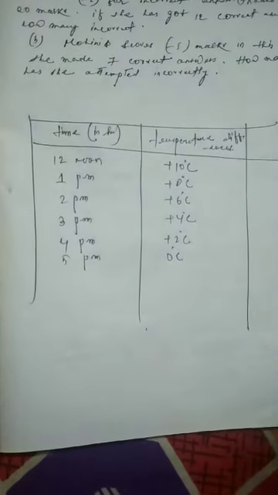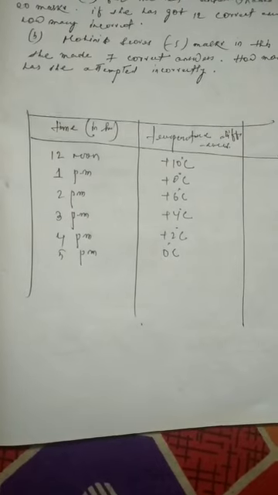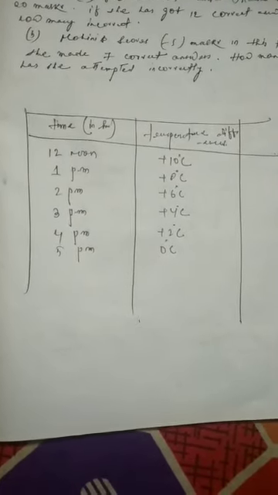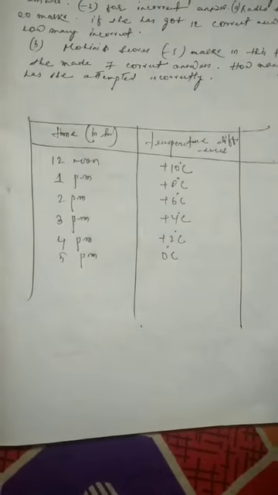The temperature is 0 degrees Celsius, because if I subtract 2 from 2, it is 0.